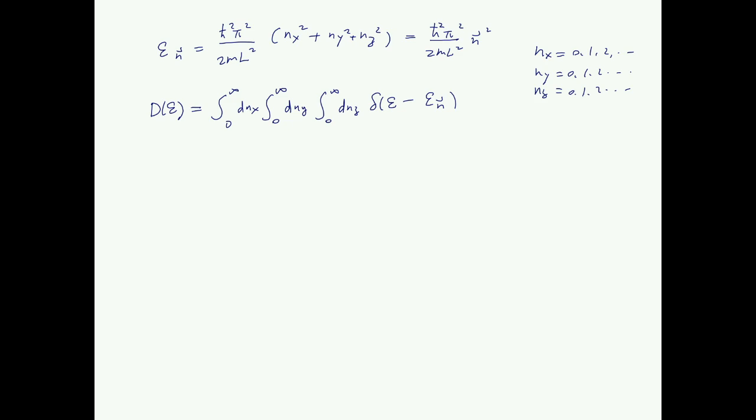Now I can write this as 1 over a factor, and go to spherical coordinates, which is 0 to infinity 4 pi n squared dn, times the delta function of energy minus h bar squared pi squared over 2mL squared n squared. Now I need to do a change of variable, and this becomes x.